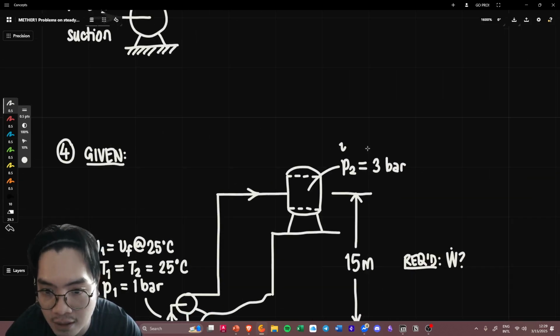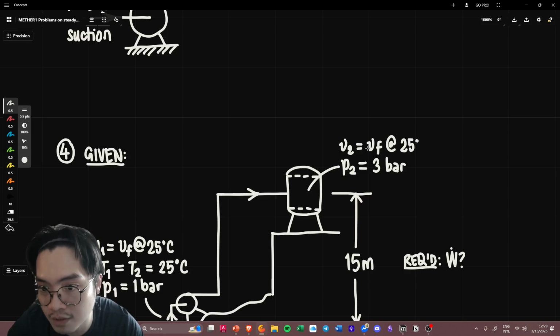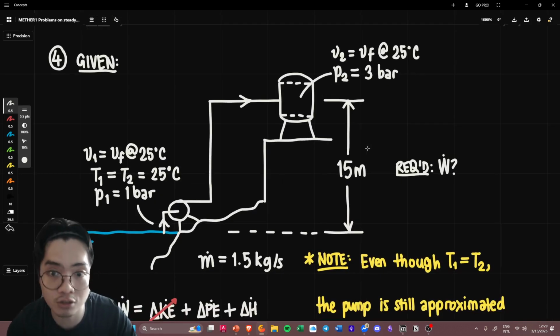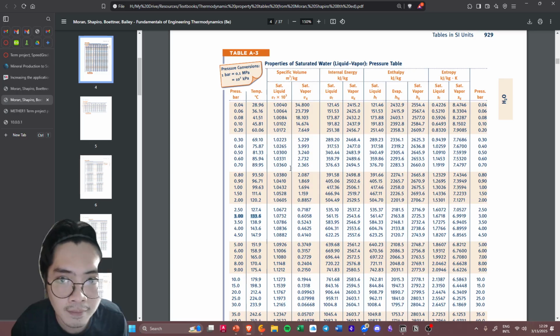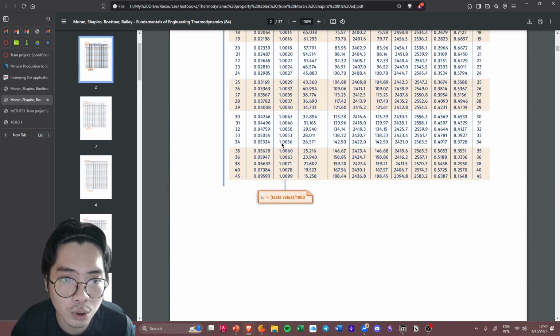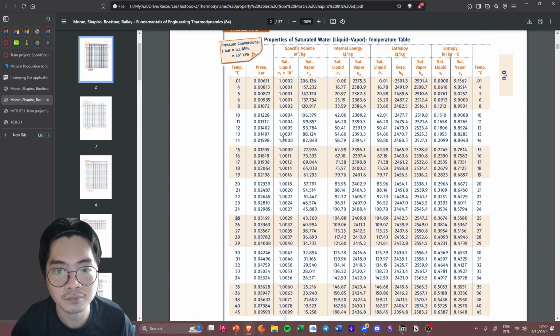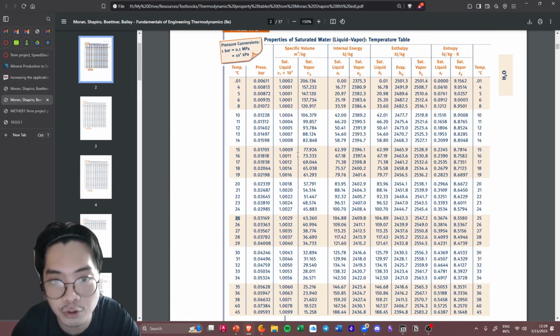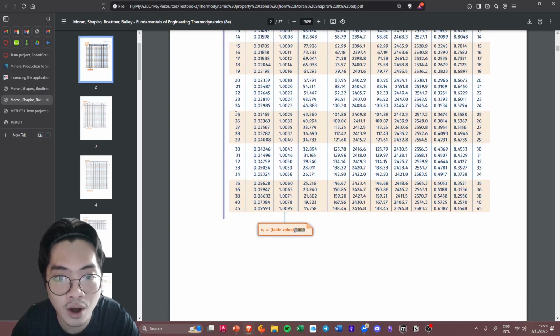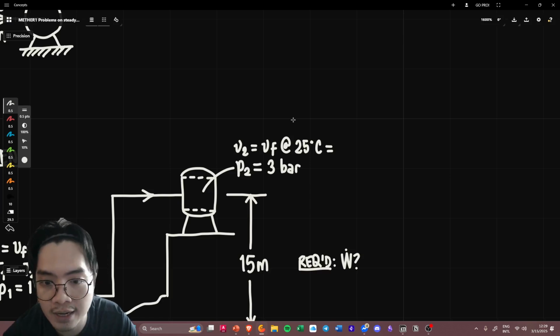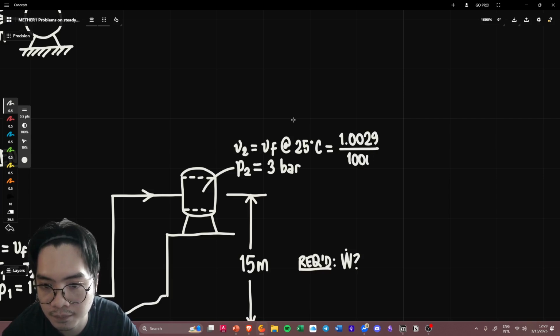So V2 is also your VF at the same temperature, which is 25 degrees. So they both just have the same value of V. Let's look now. Pressure, temperature, this one is 25. So your VF is 1.0029, and then, please don't forget, divide by 1,000. 1.0029 divided by 1,000. This is meter cube per kilogram.